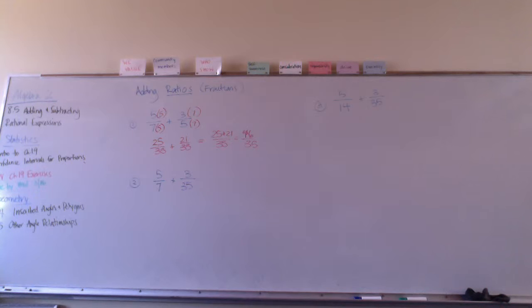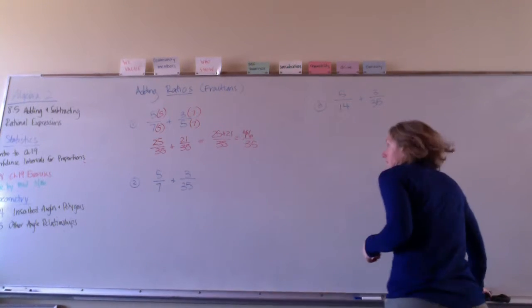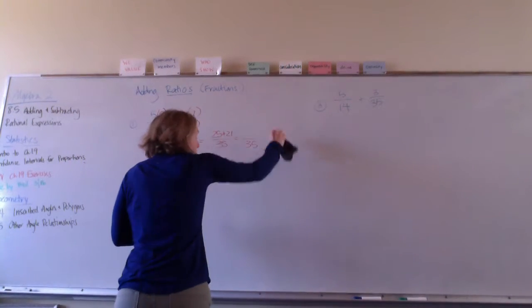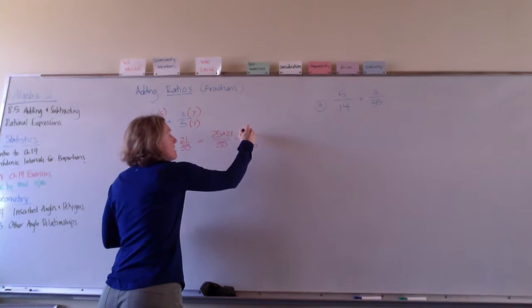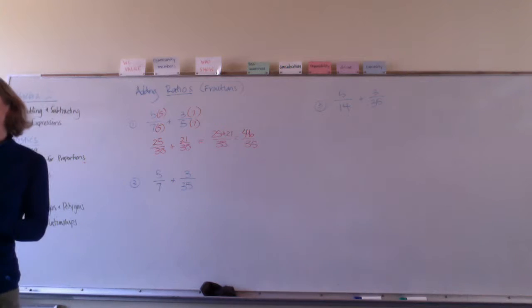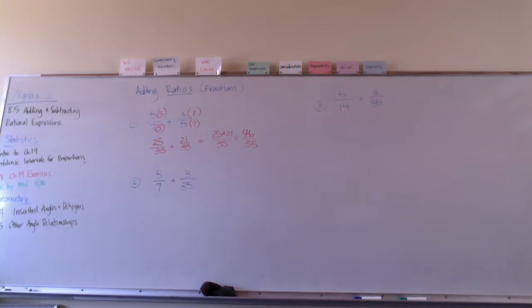And if you've done it correctly, you shouldn't have to reduce this. There should be no reducing at the end if you've done it correctly. There's nothing redundant happening here.